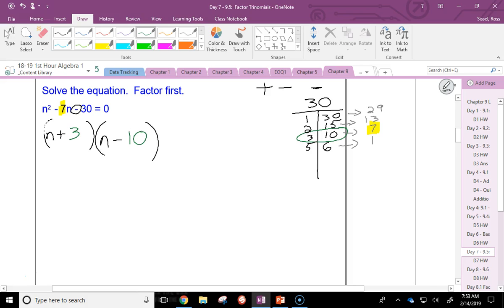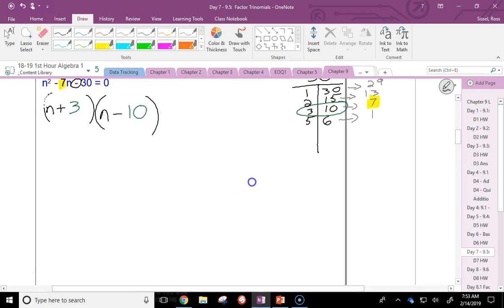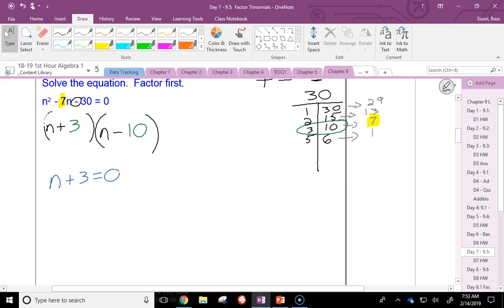However, today we're saying we have to solve. So if we go back 2 days ago, when we said everything equal to 0, that is what we're going to do today. So I'm going to take n plus 3 equals 0, because my whole equation equals 0.